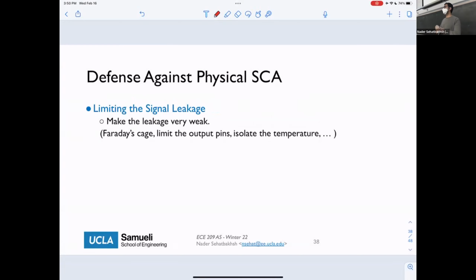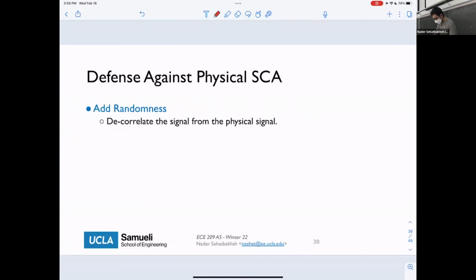This could be, for example, adding a Faraday cage or adding additional pins to the systems, which makes measuring the signal much more difficult for the attacker. You can add randomness to the signal, so it decorrelates the signal from the actual activity. As we change things, maybe we can add some random activity to the signal as well.